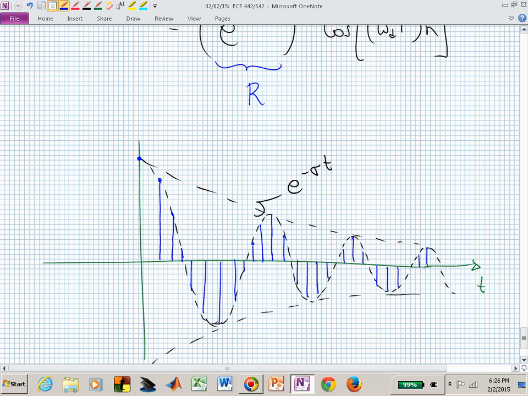That's now an exponentially damped cosine waveform in discrete time. Those are the blue lines in this decaying exponential that's oscillating back and forth depending on the frequency omega sub d.